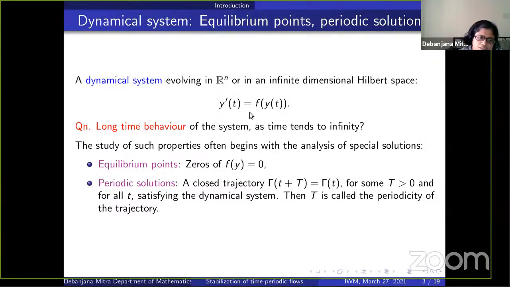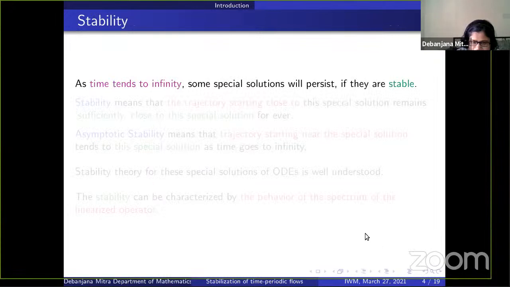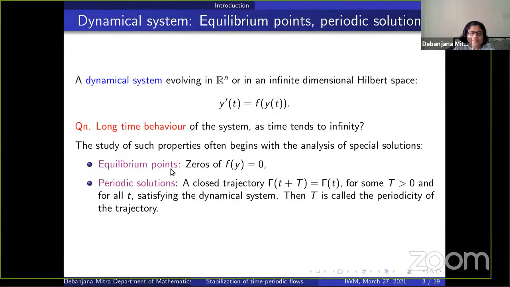The study of such properties often begins with the analysis of special solutions. For example, we are interested in equilibrium points of the system and periodic solutions of the system. Equilibrium points means the zeros of f(y).